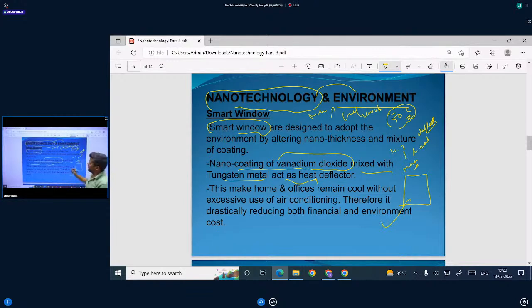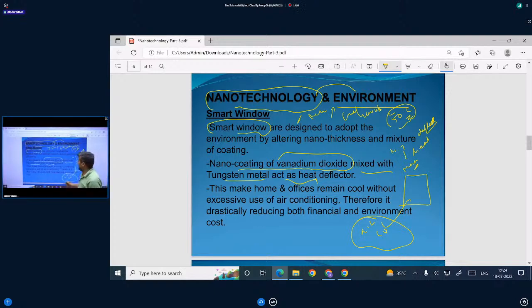But with the help of these smart windows, excess air conditioning is not required. Because there is a sheet which reflects the heat, if the heat is not able to come inside, automatically the temperature will become normal.